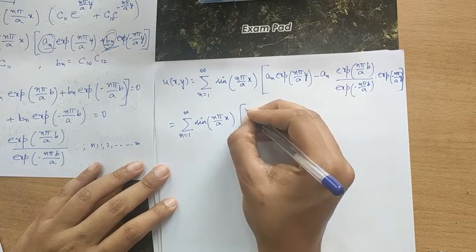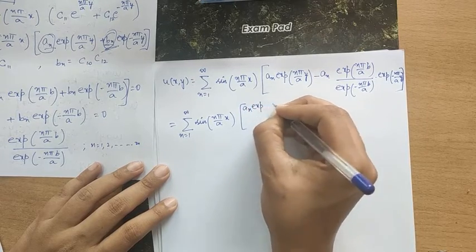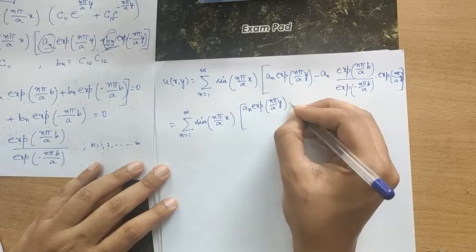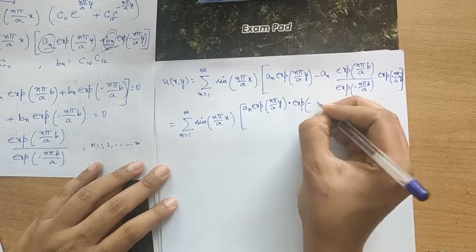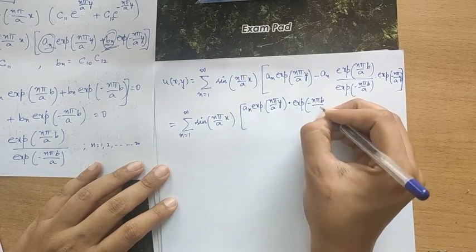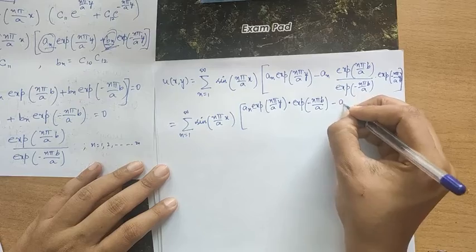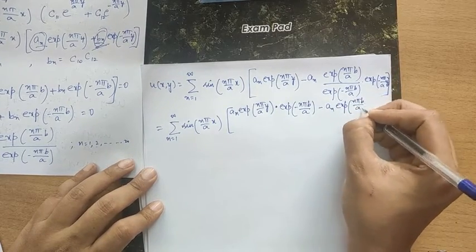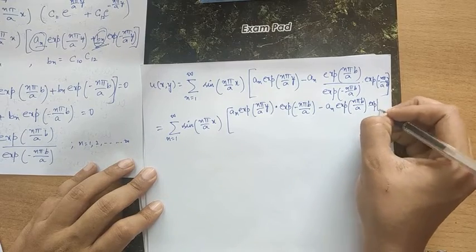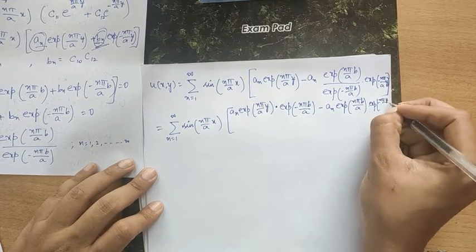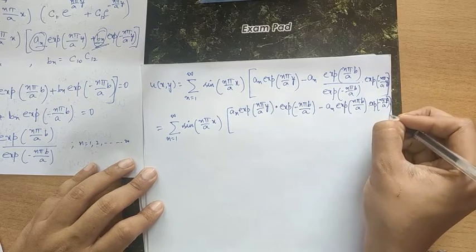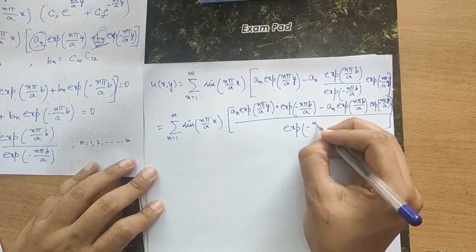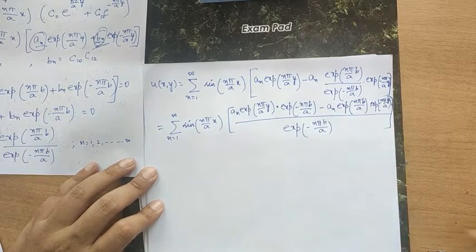So I will get an into exponential of n pi by a y into exponential of minus n pi b by a minus an into exponential of n pi b by a into exponential of minus n pi y by a, whole divided by exponential of minus n pi b by a.